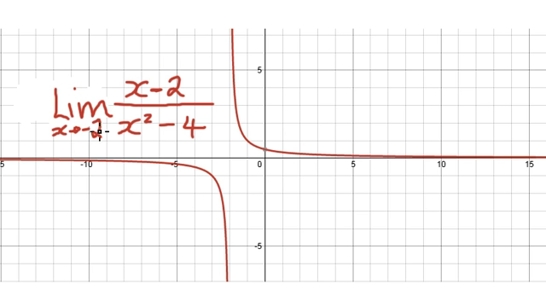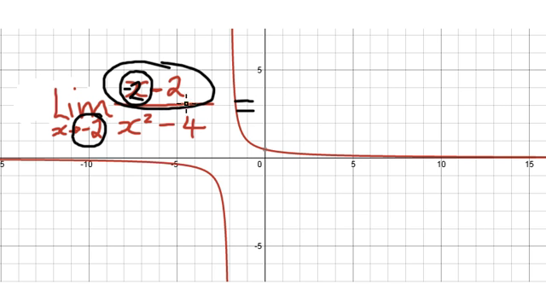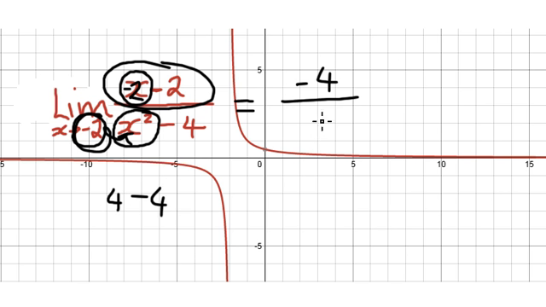But by using the theorem, as x tends to -2, the top will be -2 take away 2, which is -4. Then for the bottom, -2 squared is +4, and you take away 4, so that would be 0.